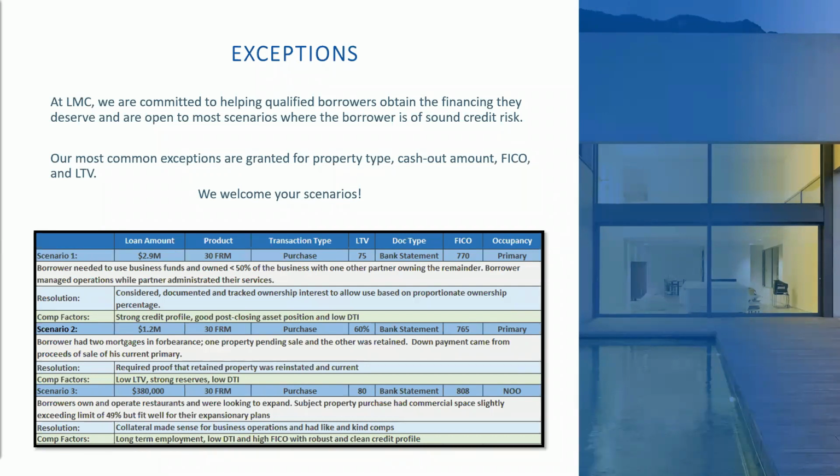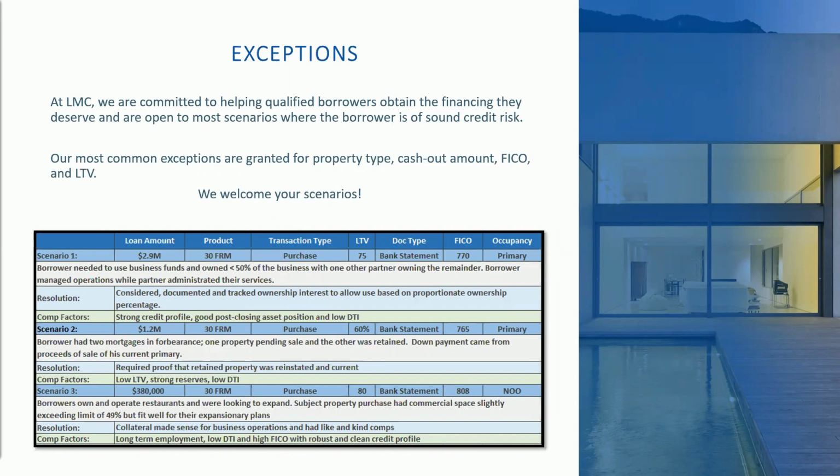Scenario 2 was a $1.2 million purchase at 60% and a 765 score, bank statement on a primary residence. This borrower actually had 2 mortgages currently in forbearance. One property was pending sale, that was their primary, but they planned to keep the other one. The down payment was going to come from the proceeds of the sale of one of the homes that was in forbearance.